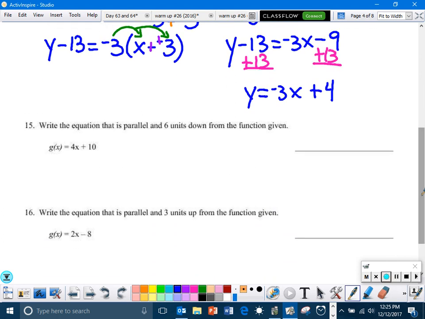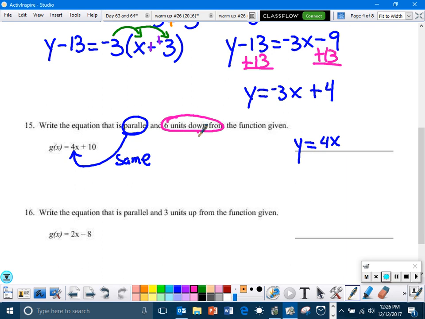All right. Number 15, write the equation that is parallel and 6 units down from the function. Well, first of all, parallel tells me it's the same slope. So I can write y equals 4x. Okay, now the next part says 6 units down.